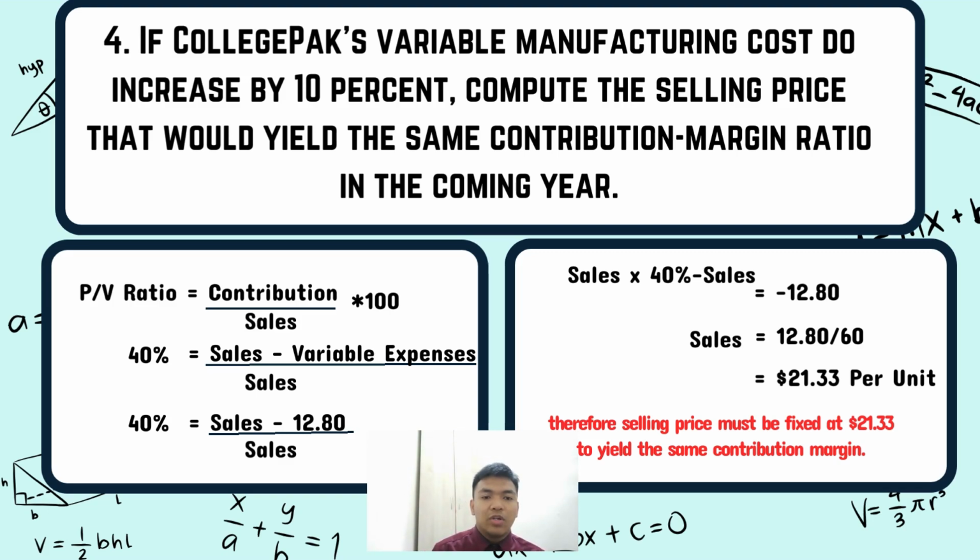We know the variable expense amount, which is $12.80. After we simplify it, sales equal 12.80 divided by 0.6. After the calculation, we get $21.33 per unit. Therefore, the selling price must be fixed at $21.33 to yield the same contribution margin.